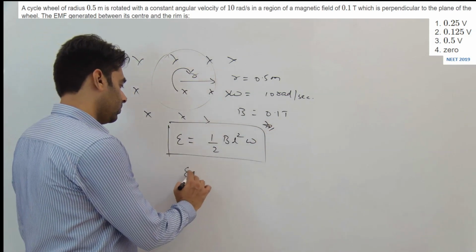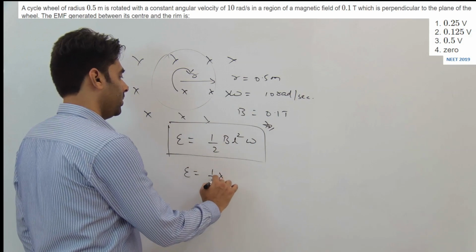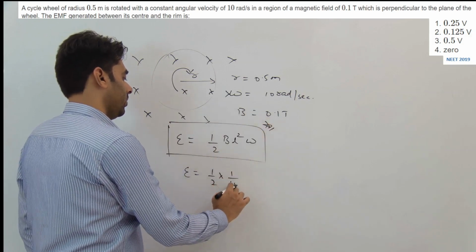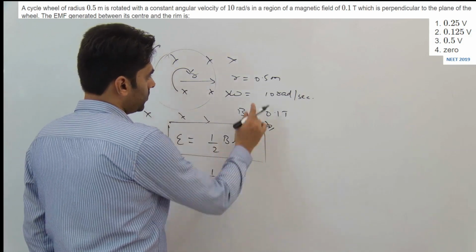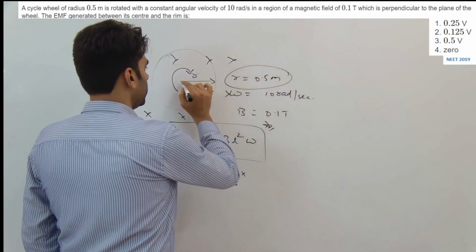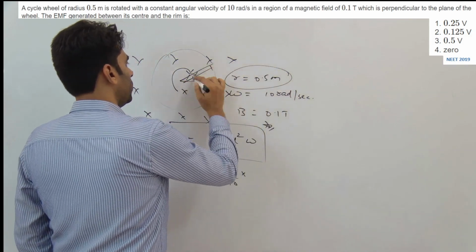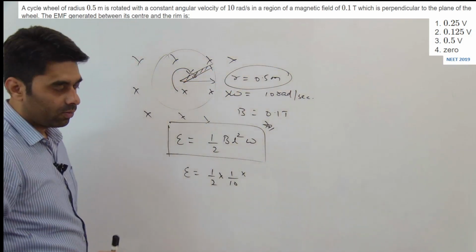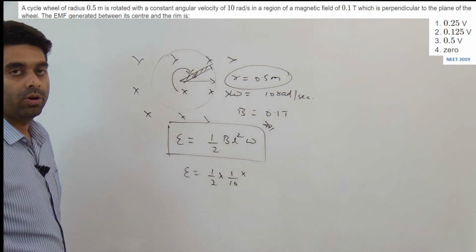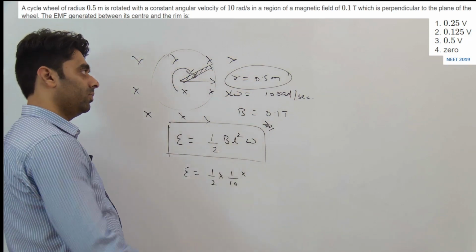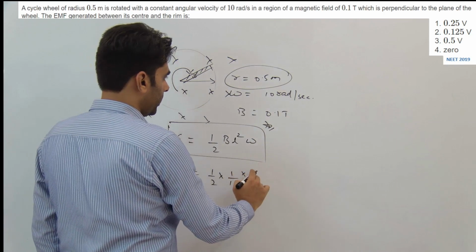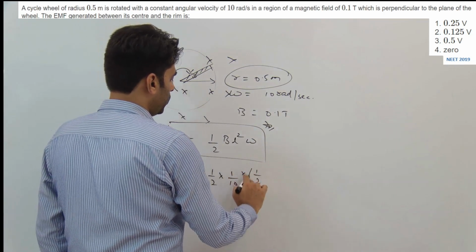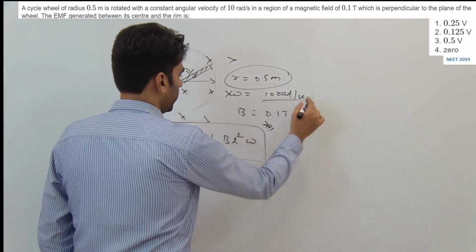So E is equals to, let us substitute 1 by 2 B, that is 0.1, 1 by 10 into L square. L is equivalent to a rod whose length is equivalent to the radius of this rim, which is 0.5. So 0.5, 1 by 2 whole square, into omega is 10.